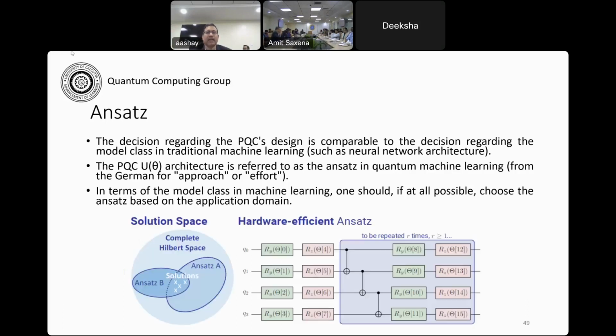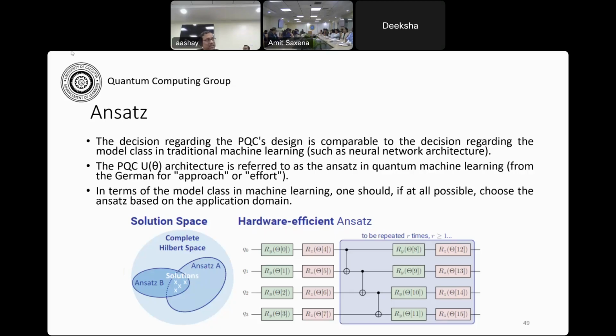These ansatz might not be unique. But your target should be that your ansatz and maybe my ansatz should overlap, maximizing the outcome. Your ansatz should be such that both cover the solution space.